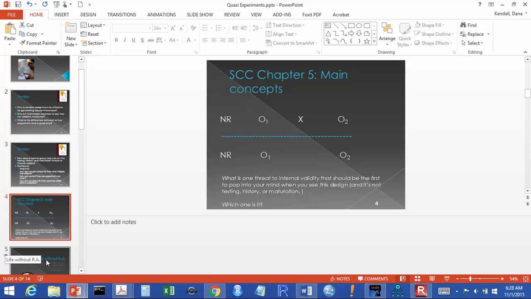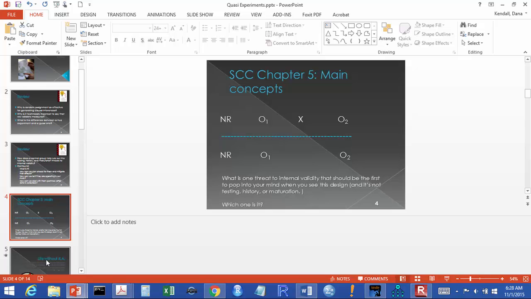And as such, it provides the first layer of the threat. And then on top of it, we have selection by maturation and selection by testing, and that just means that the maturation or testing is happening in one group and not the other.